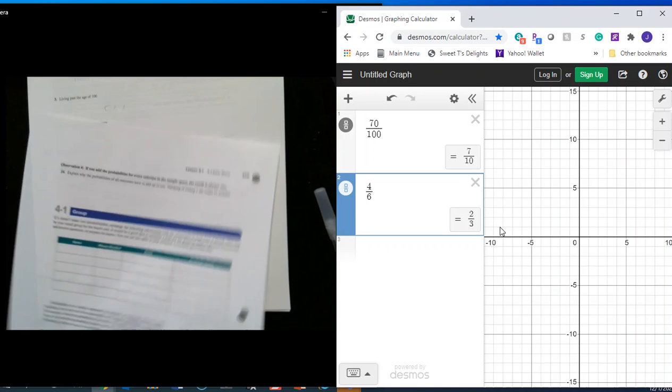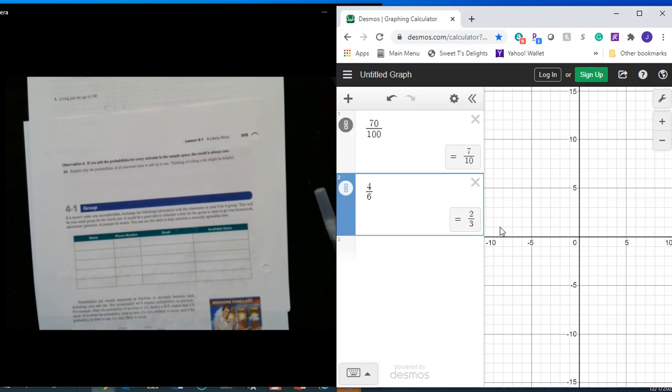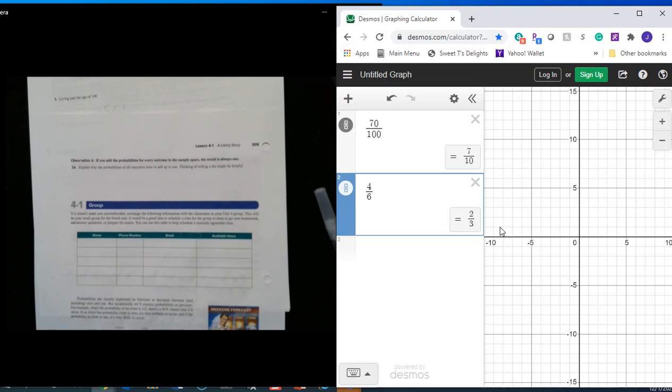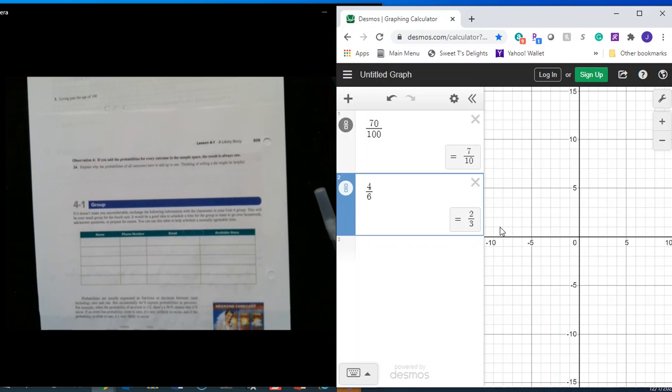Okay, now we go to the back here, and this is actually our last part of this assignment. It says, explain why the probabilities of all outcomes have to add up to 1. Thinking of rolling a die might be helpful.